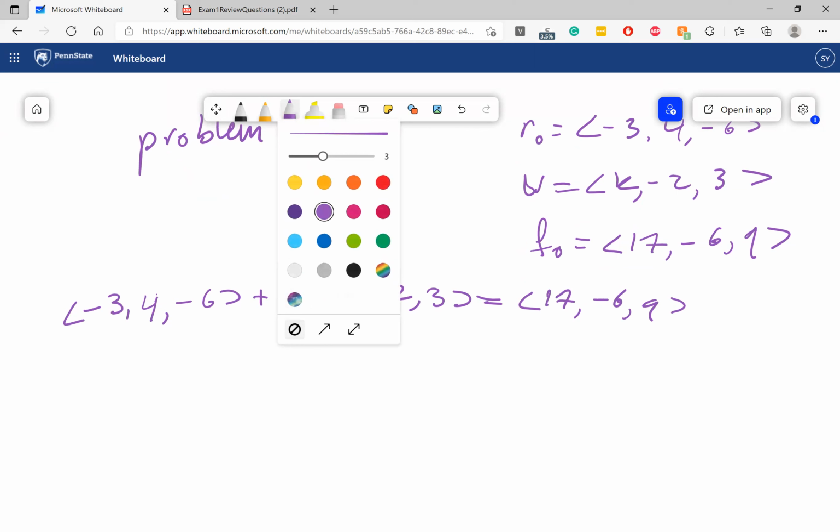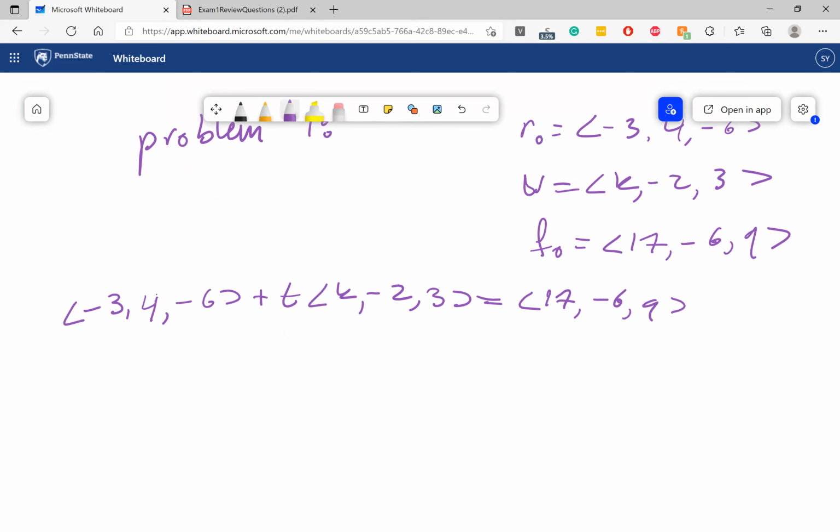So then from the first part of this, we get -3 plus tk is equal to 17, which tells us that tk is equal to 20.